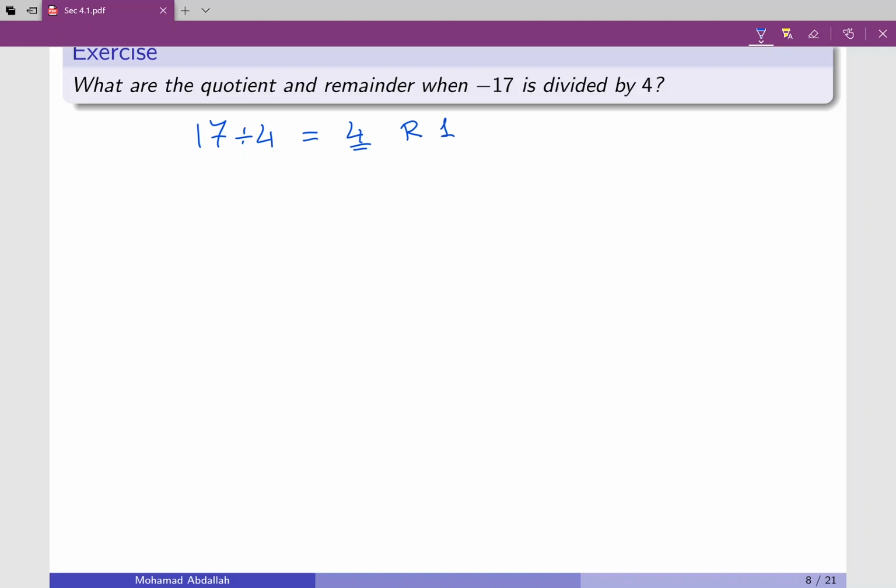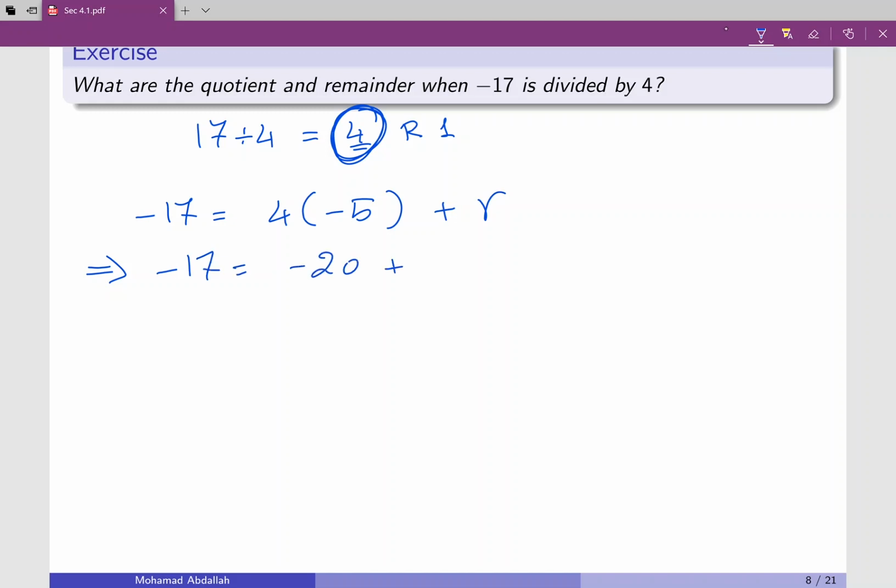So when I want to do negative 17 divided by 4, I say negative 17 equals 4 multiplied by, not negative 4, but negative 5, plus a remainder. So I just go one less on the negative side. In this way, I guarantee that r is going to be either 0, 1, 2, or 3, because these are the possible answers. So minus 17 is equal to minus 20 plus r. This means that r is equal to positive 3.